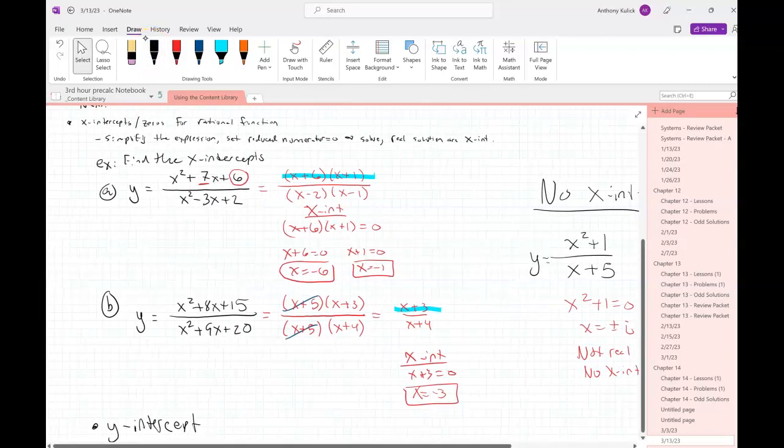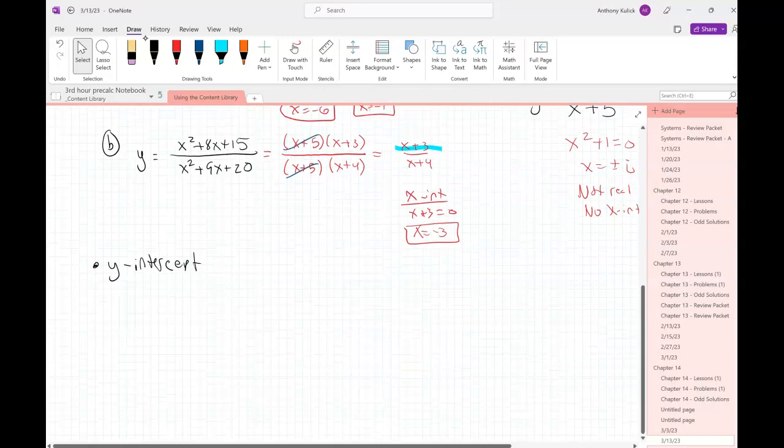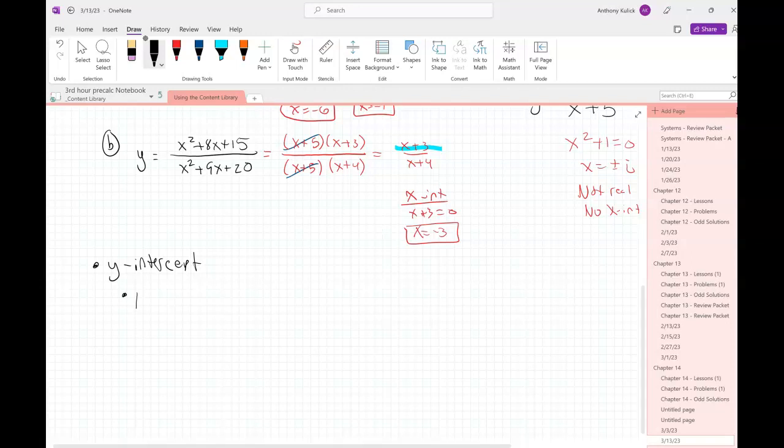All right. Y-intercepts. So all we need to do to find a y-intercept is just to plug x equals 0 into our reduced function.